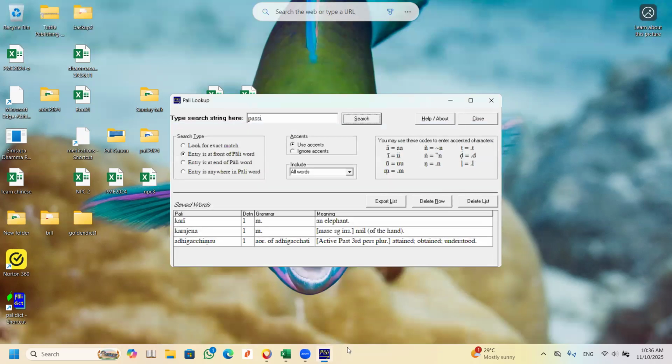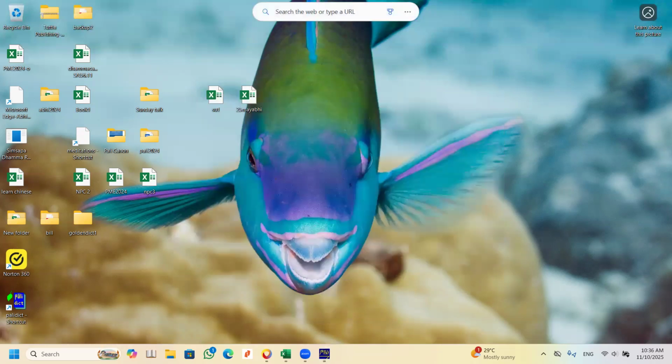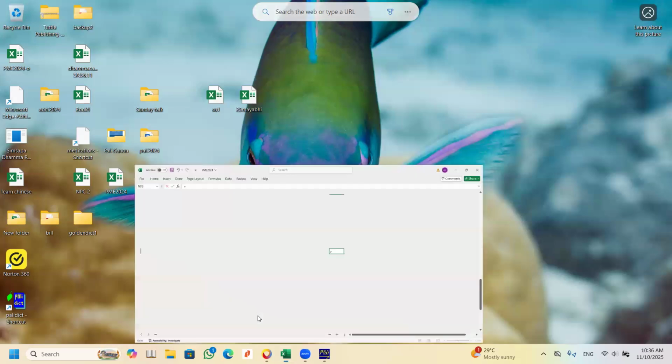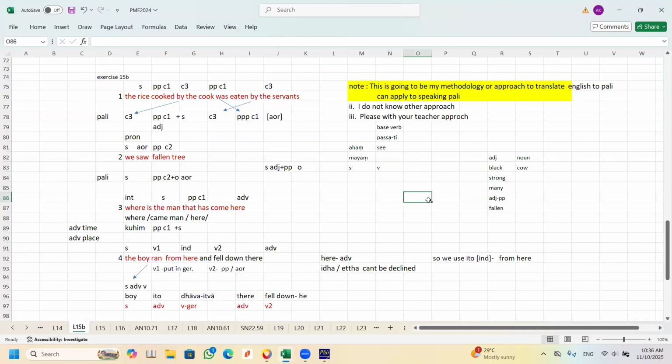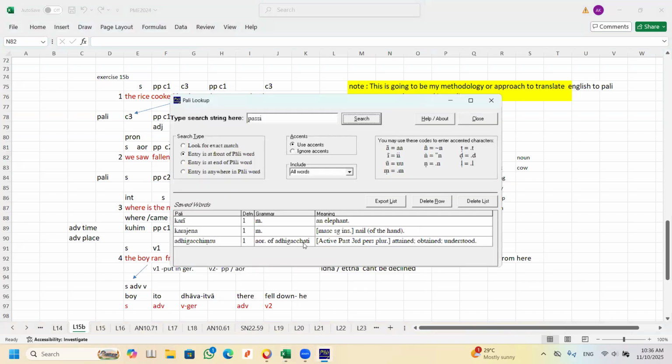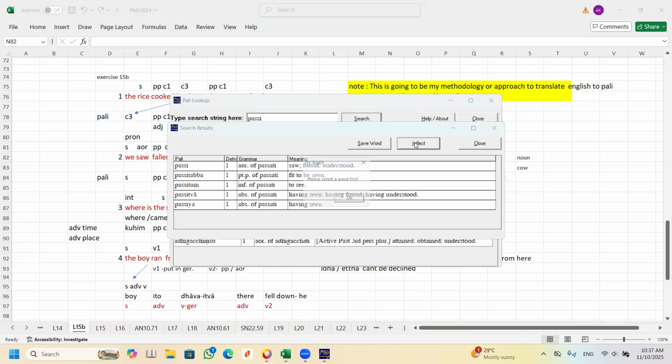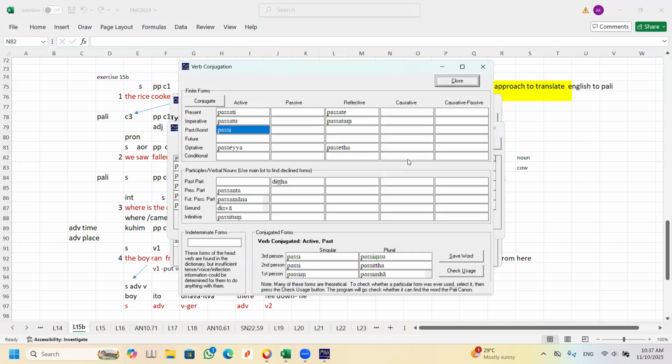Okay, so let's go back to that part. We are talking about approach, not how you're going to do it. So the approach here, that means we already know, in this case, past tense, you see this one. So that means you should be taking this one, right?